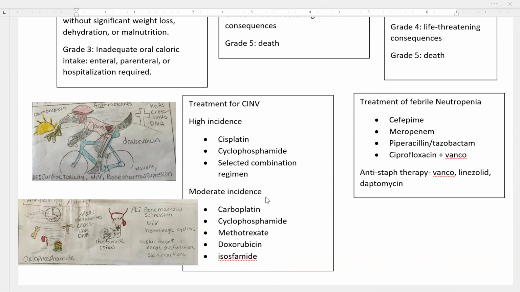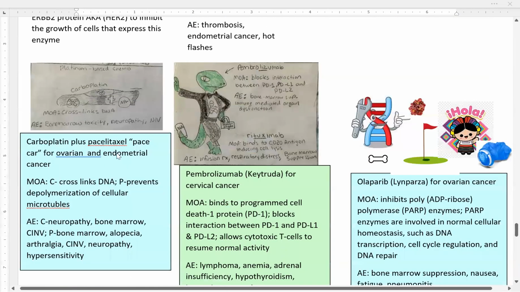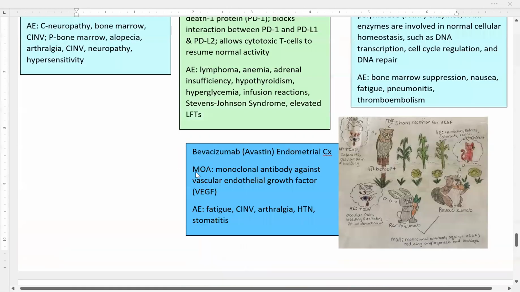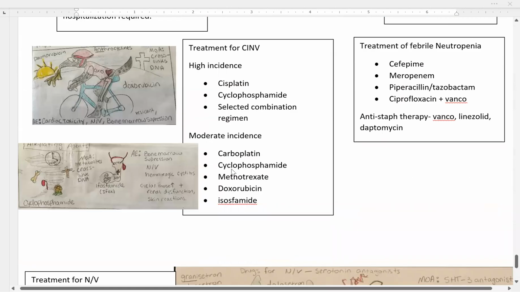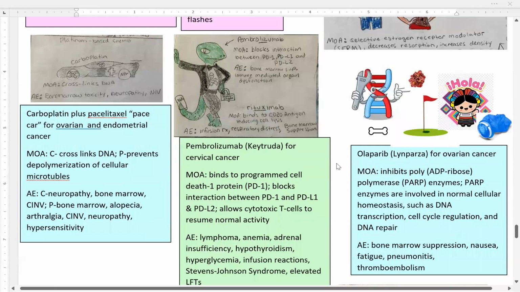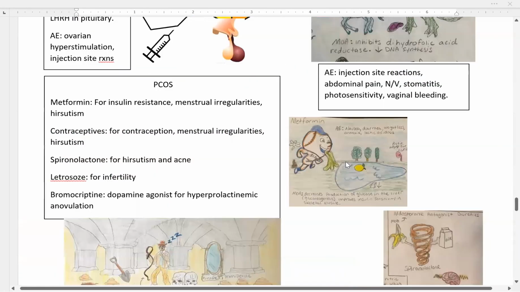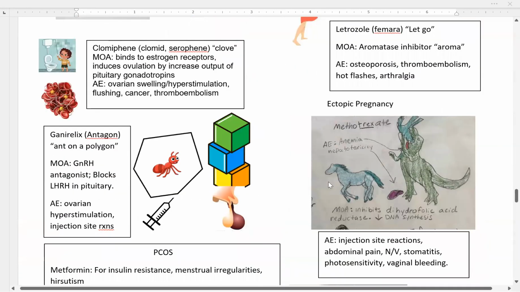If they have moderate incidence, they can use carboplatin, which again is here, the carboplatin. You can use cyclophosphamide again, and methotrexate, which again was right here.